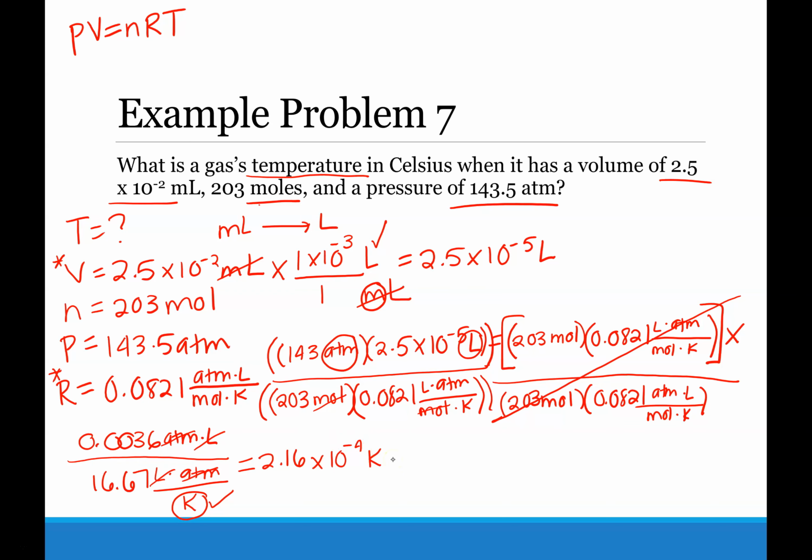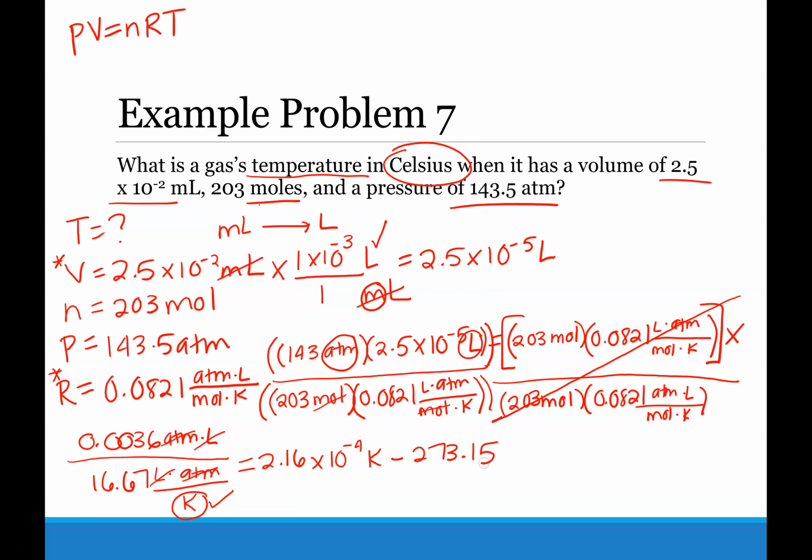But they're not interested in Kelvin, they're interested in Celsius. Whenever we turn a temperature from Celsius to Kelvin, we add 273.15. So to do the opposite, we have to subtract 273.15.